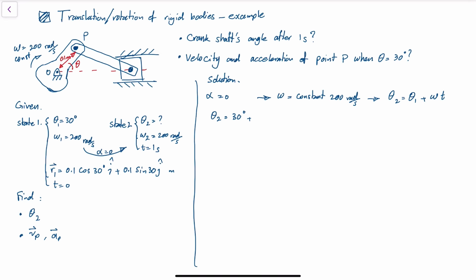My omega is radians per second, which I can write as every pi radian is 180 degrees. So radians cancel, I can get degrees per second times 1.